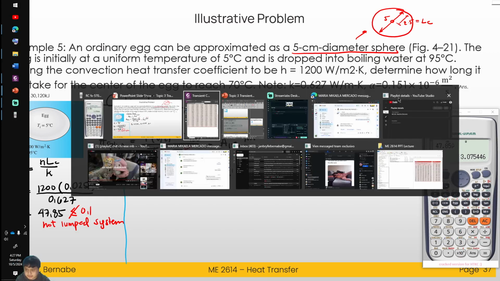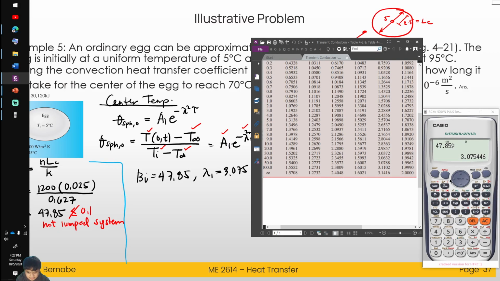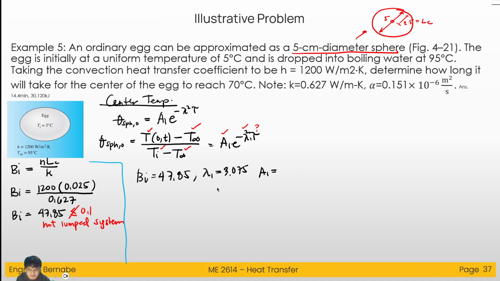For the coefficient A1, you do the same with the data: 1.9942 and 1.9962. For 47.85, you get 1.996.